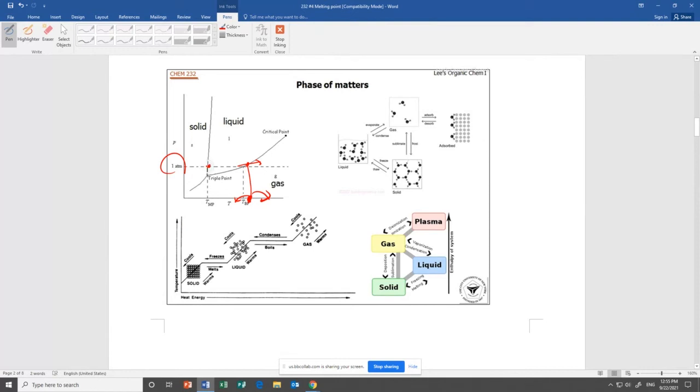So today, she said the melting point as well, at a given pressure. Melting point is not constant, okay? It is a function of pressure, not only temperature. So if you change pressure, you can change the melting point.